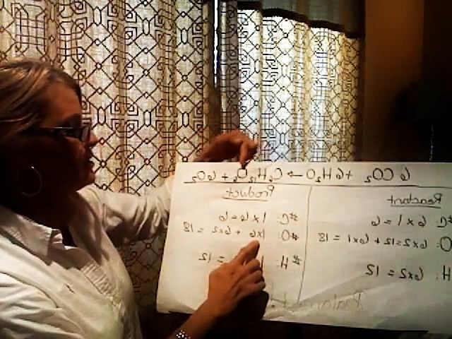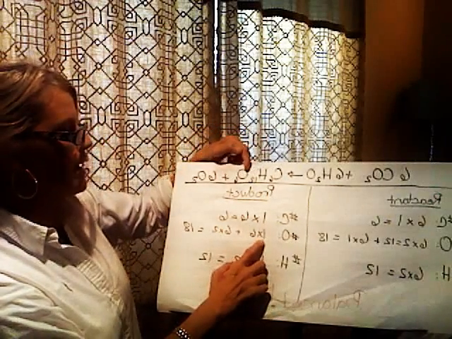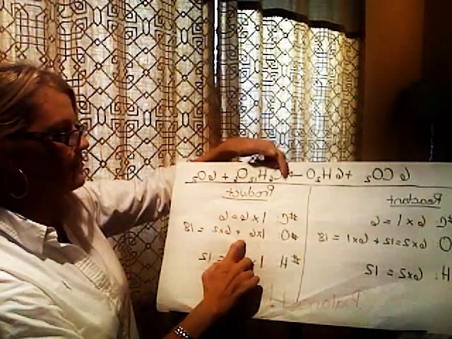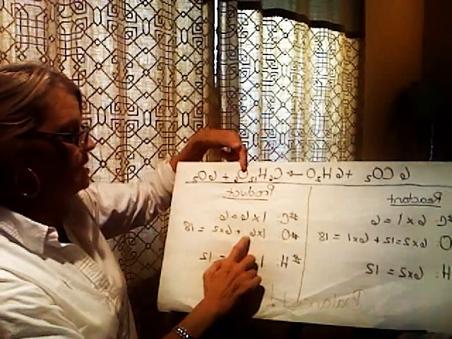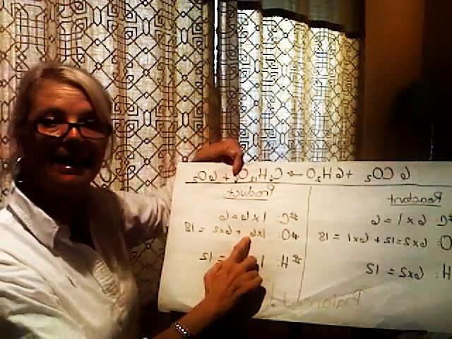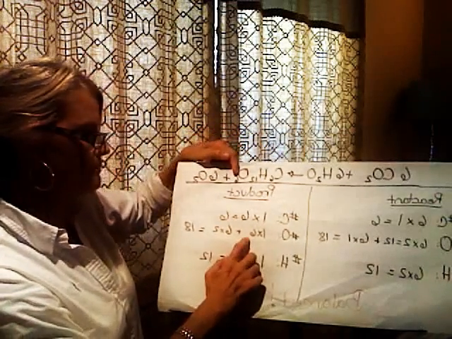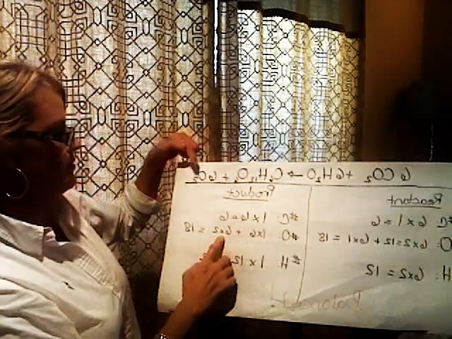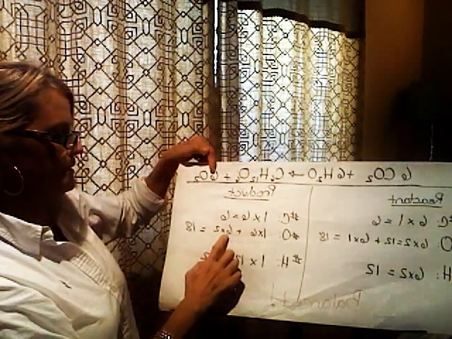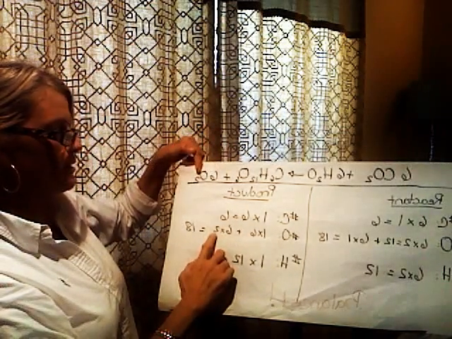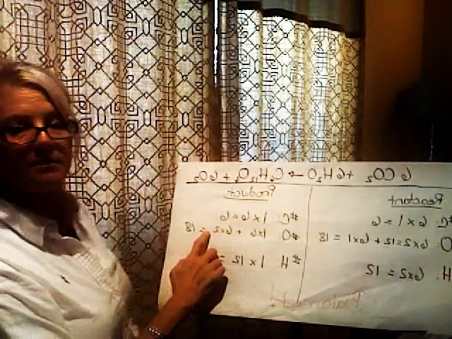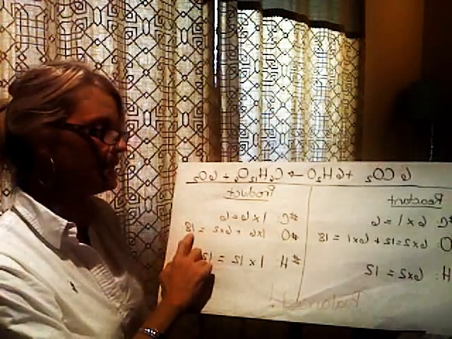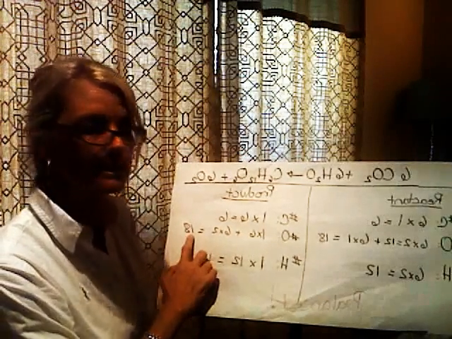Again, we'll go over here to our oxygen. It is 1, because we do not have a number anywhere to the left. And we do have a subscript, that is 6. 1 times 6 is 6. There again, we have a 6. 2 in our subscript, so 6 plus 12 is 18. Our oxygens are balanced.